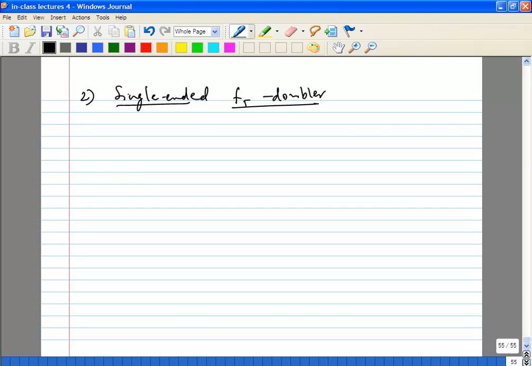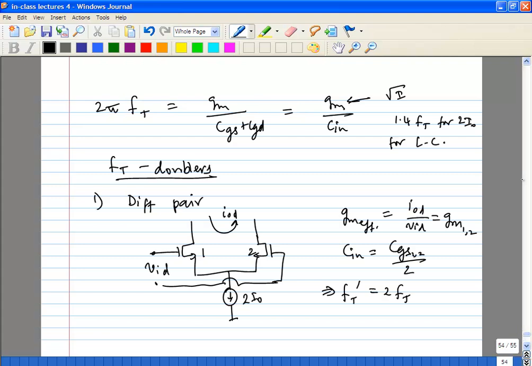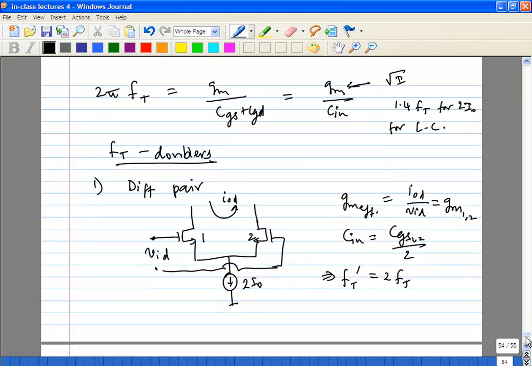So what you do is, you take the same guy, and you are going to reverse the gate and source connections, which means the signal current gets reversed in phase, and then you can actually sum the outputs instead of taking the differential output. So it looks something like this.